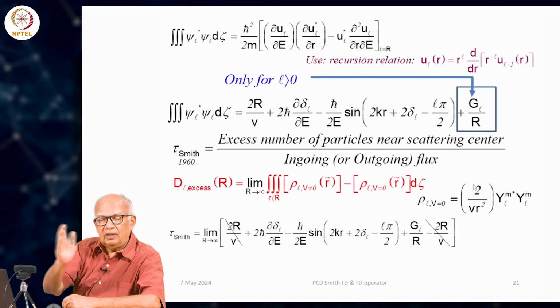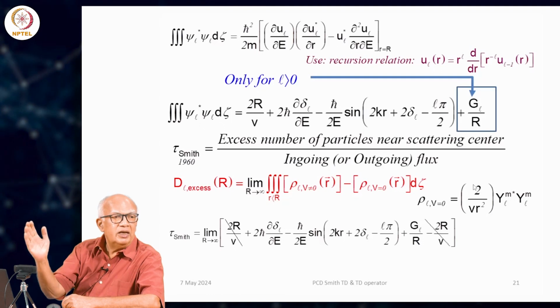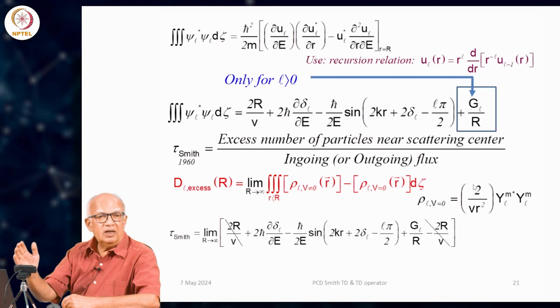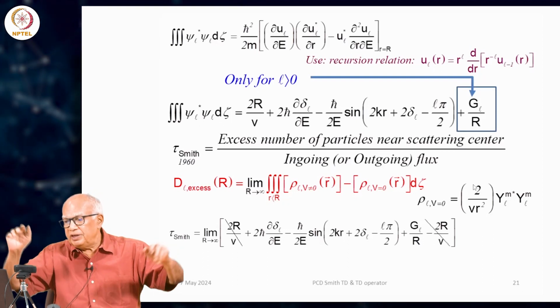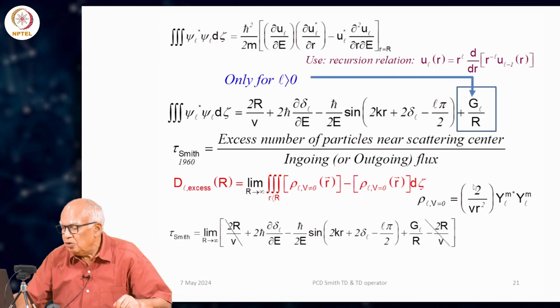So if there are a number of oscillations around each other, on the whole everything will be flat. So the oscillatory terms cancel out, and what are you left with?